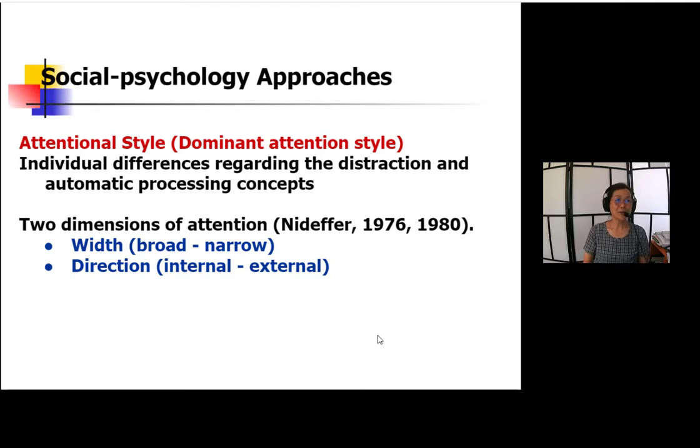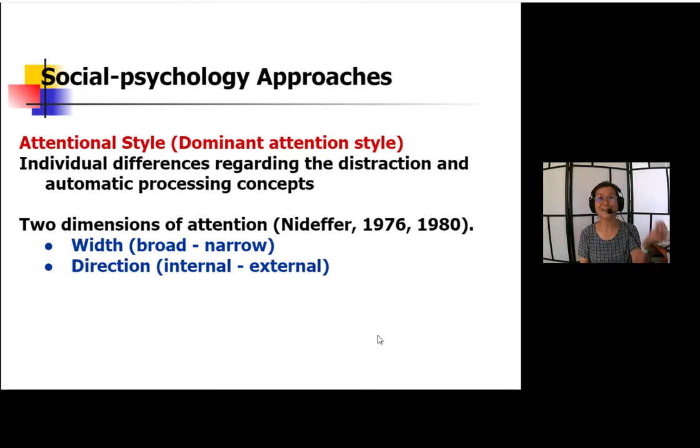Last theory on the social psychological approach is attentional style, which is related to dominant attentional style. This dominant attentional style means, if we go back to the personality topic: personality structure, psychological core, typical responses, and then role-related behaviors. Typical responses is attentional style.